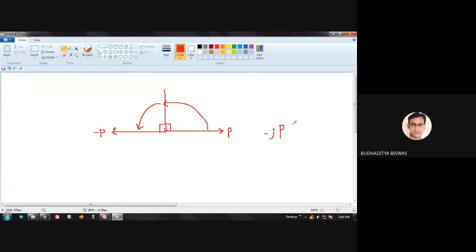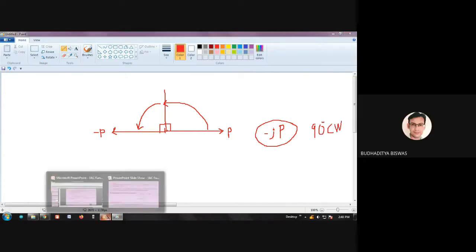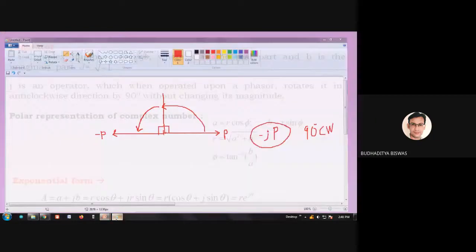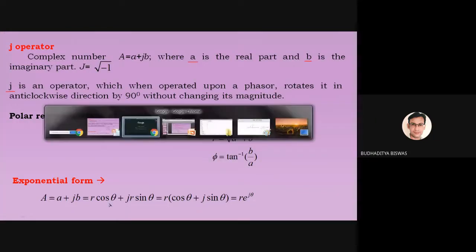If we write minus j into P, that means it's equal to a 90 degree clockwise rotation. Clockwise. Okay, CW. Now, why is this thing related? This thing is very much related.